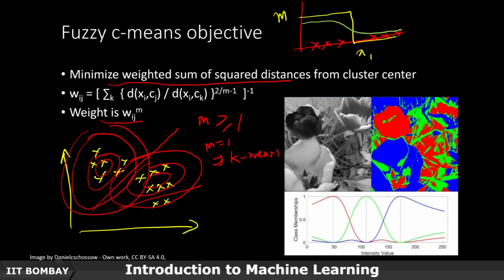The intuition behind this is that if m is equal to 1, then basically we are raising this term to the power infinity. When we raise it to the power infinity, the weight becomes sort of like an L infinity norm, and it will only be applicable to those points where the point is closest to the cluster center.